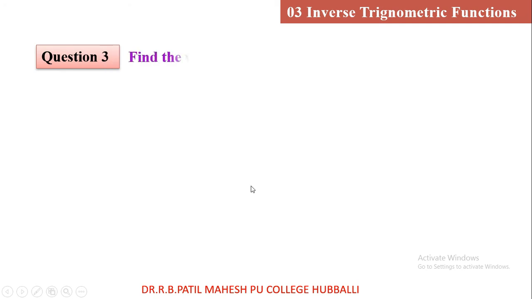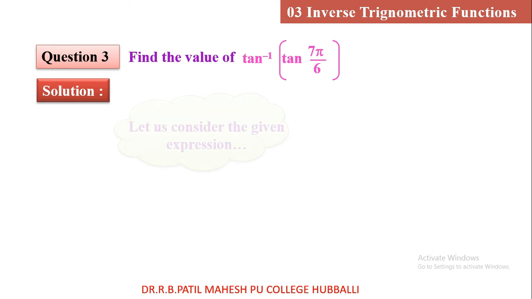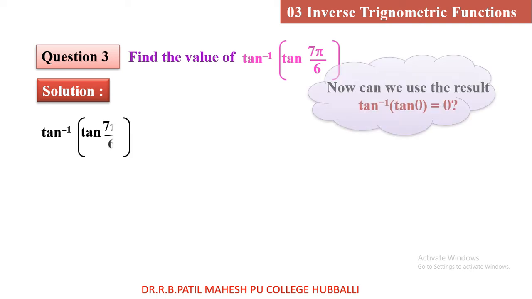Question number 3. Find the value of the expression tan inverse of tan 7 pi by 6. Try to understand, 7 pi by 6 is the value here. Let us consider the given expression. Follow the same pattern that we have discussed in question number 1 and question number 2. Tan inverse of tan 7 pi by 6. Is it possible to apply tan inverse of tan theta equal to theta here?